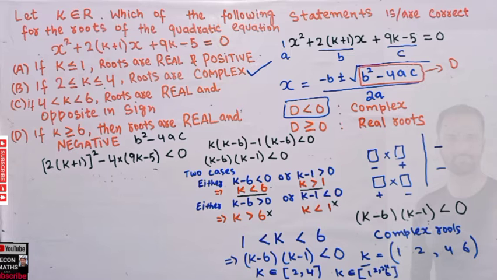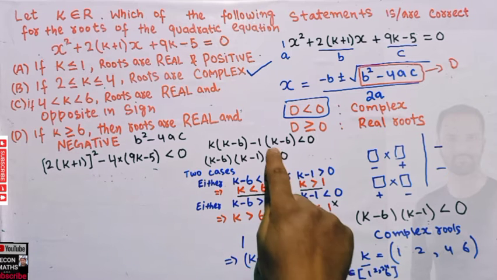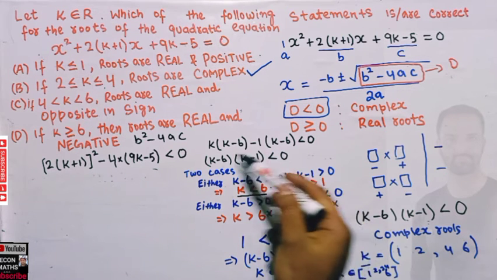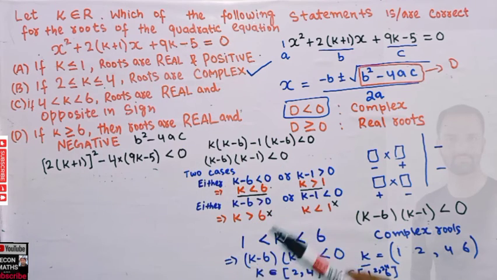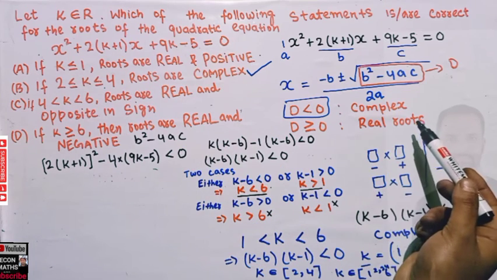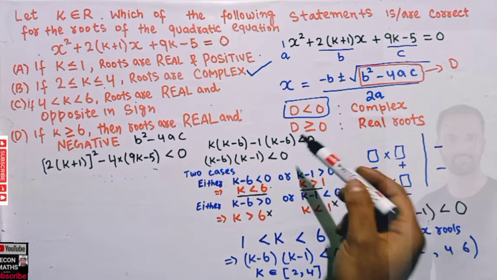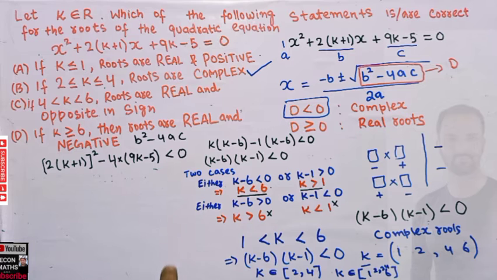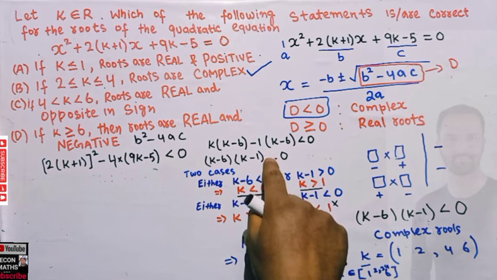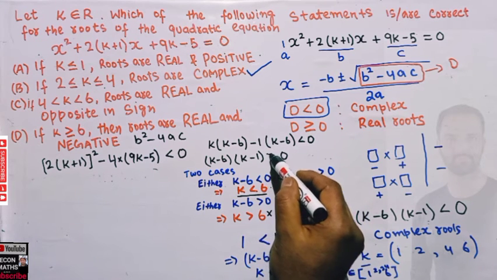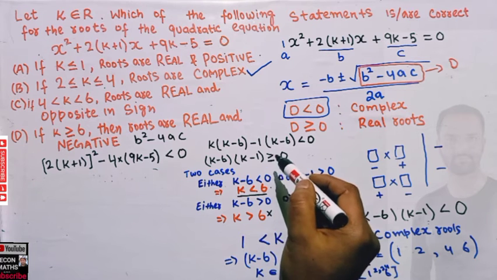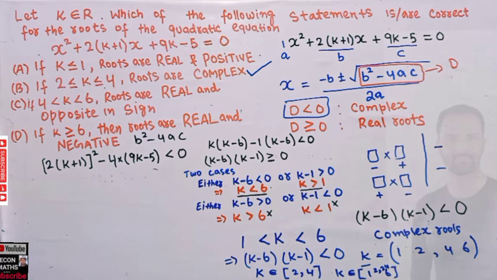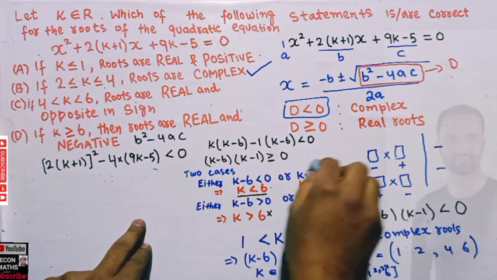Let's see another case now. Now what we need to see, for this equation to have real roots, our discriminant should be greater than or equal to 0. Since we have calculated for it less than 0, if we only change it here, we need to see when our discriminant will be greater or equal to 0.